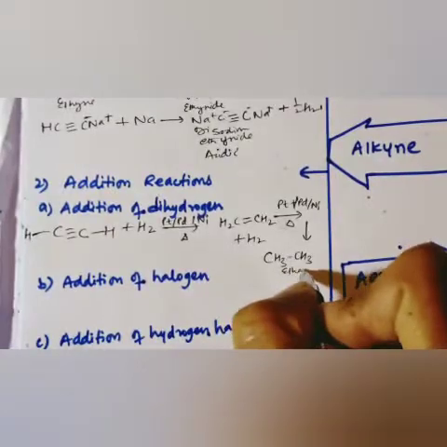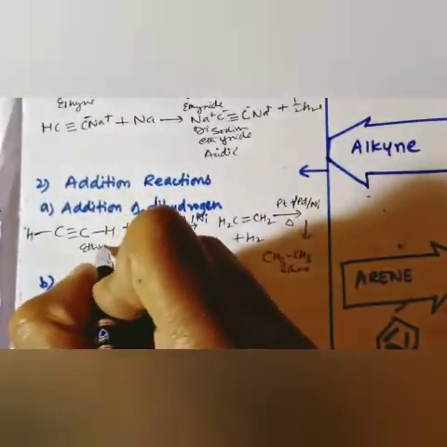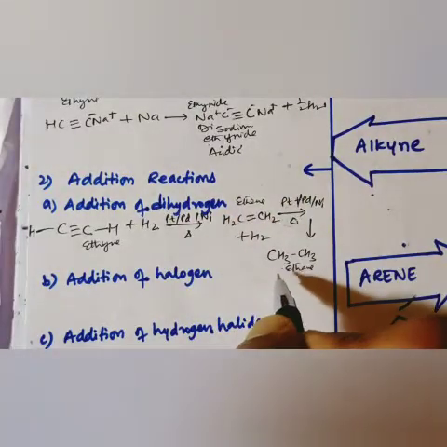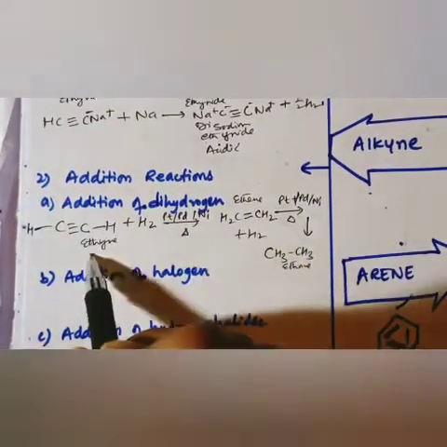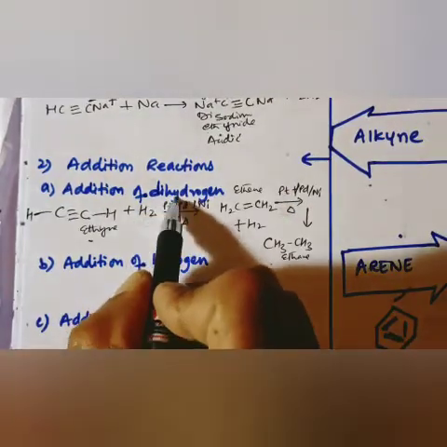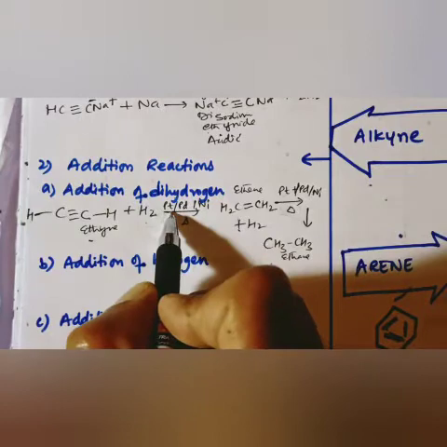It means that ethyne will change into ethene, and ethene will further change into ethane. So in this way we can convert ethyne into ethene or ethene into ethane. Very simple. You need to add dihydrogen in the presence of these catalysts.